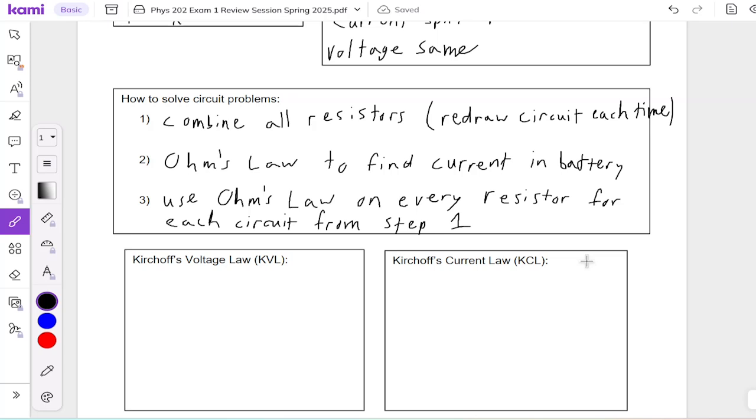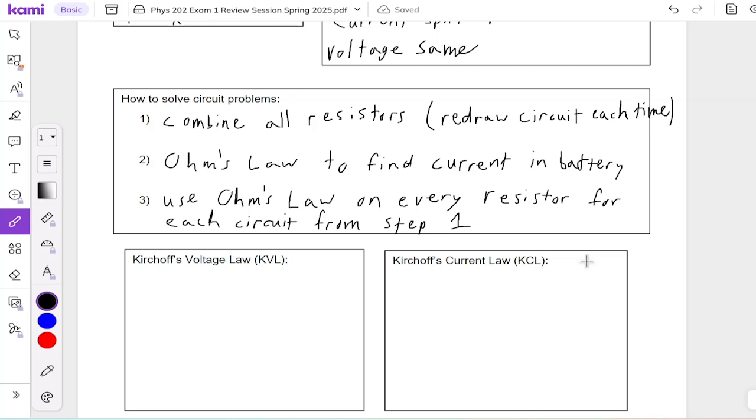And then we have Kirchhoff's voltage law and Kirchhoff's current law. Tell me, did you learn about this? Maybe. Okay, good enough for me. Sounds familiar. Okay. Well, I'm going to tell you it because I think at least it can show up.